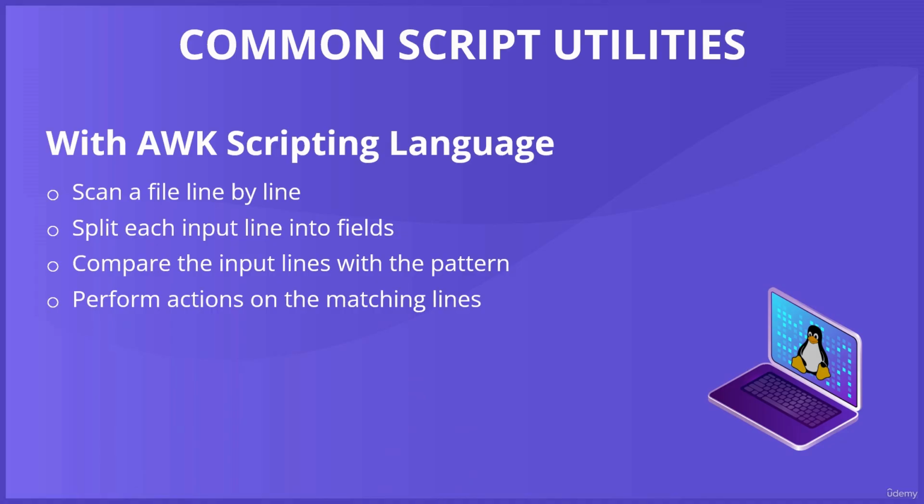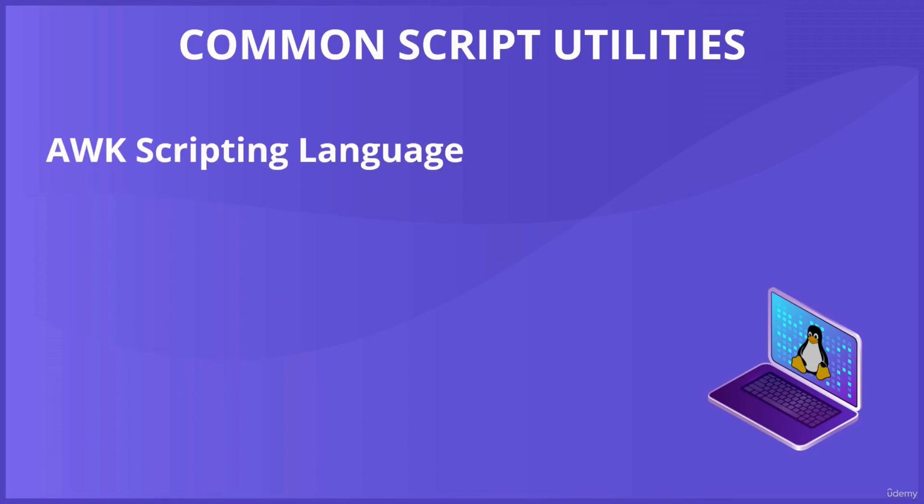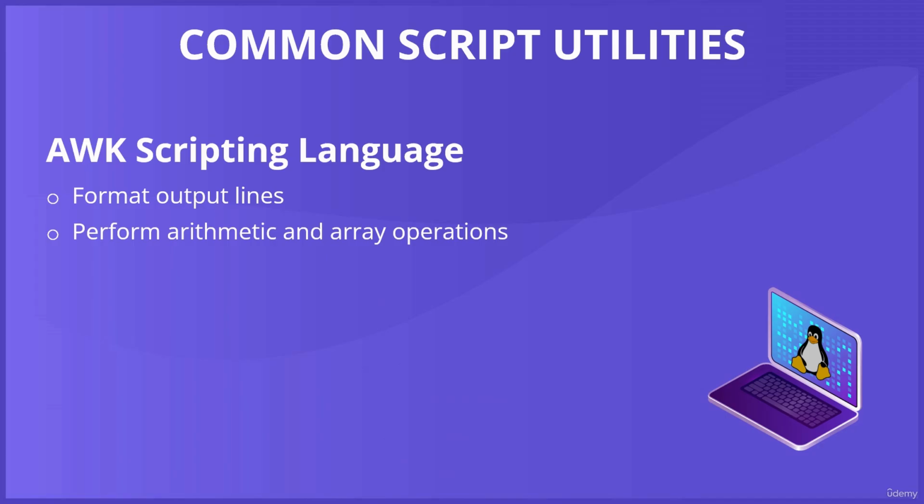All right, so awk is also very useful for converting data files and generating formatted reports. Why didn't you say so at first? Well, from a programming logic perspective, you can format output lines, perform arithmetic and array operations, as well as use conditions and loops. Yeah, we're getting deeper.